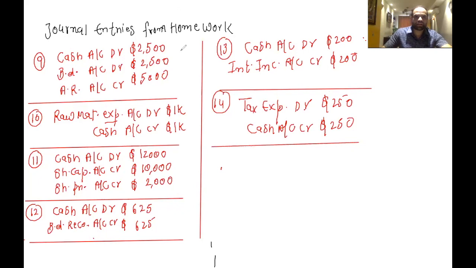Number 15 is equipment sold at loss of 1,000. What does it mean by sold at loss? It means you don't receive the money. What does loss mean?